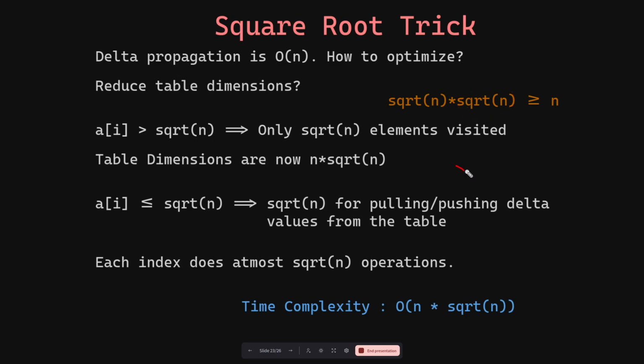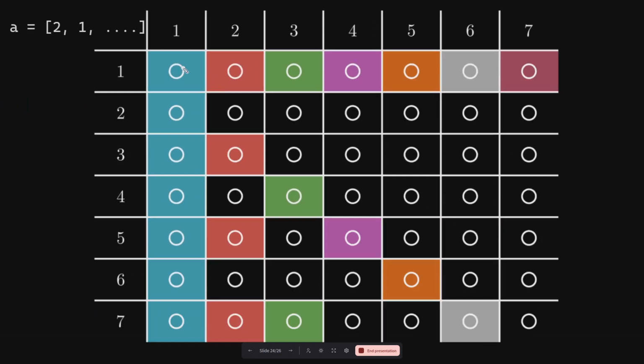And if we encounter an element that is less than square root n, we can anyway employ the trick of lazy propagation to propagate this delta. So we'll just cut down the suffix columns that are greater than square root n, and we'll propagate the delta of the remaining columns using the lazy propagation technique that we have already discussed.